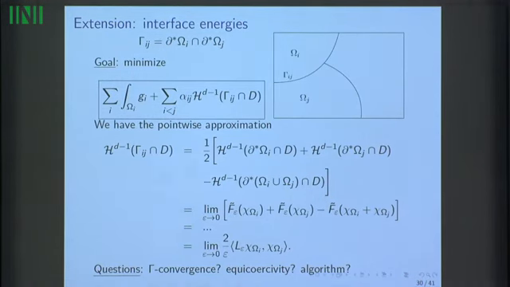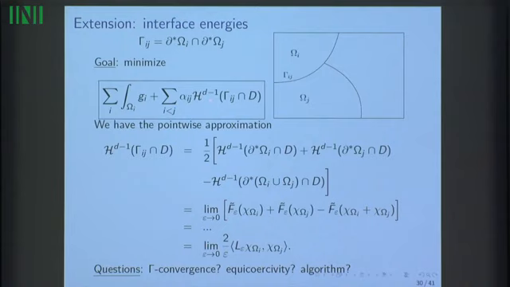I would like to say something about this problem of what I call interface energies. Here we have the same type of objective function plus not perimeters but, say, areas of interfaces. So the interface between omega i and omega j, I call it like this, and I have some weights.